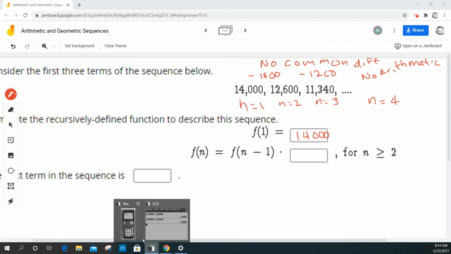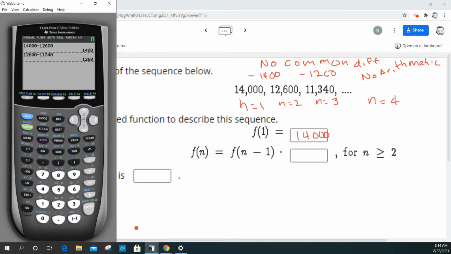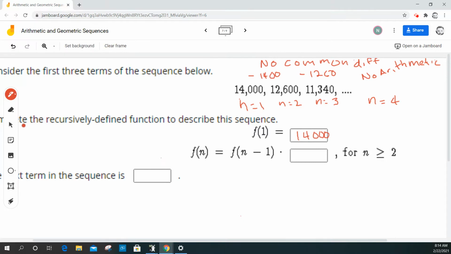So now you do the same thing, but when you do the geometric, you got to do it slightly different. I'm going to take this 12,600 and then divide it by 14,000. 0.9. Interesting. So what does that mean? That means that to go from here to here, I multiplied by 0.9.